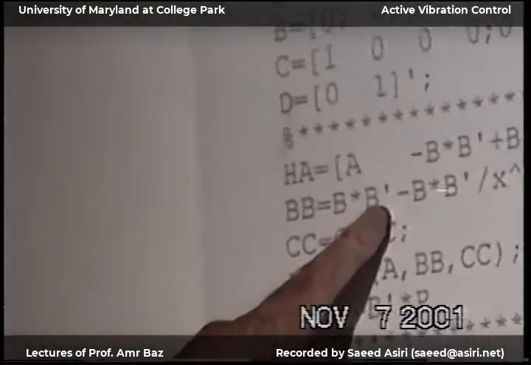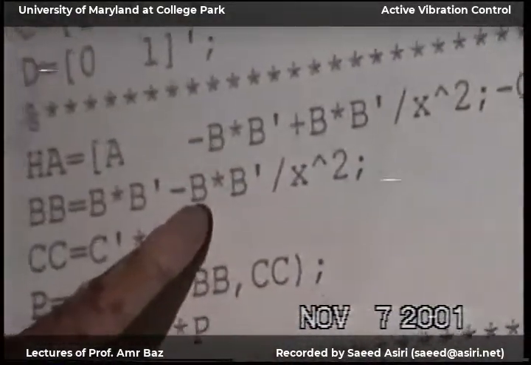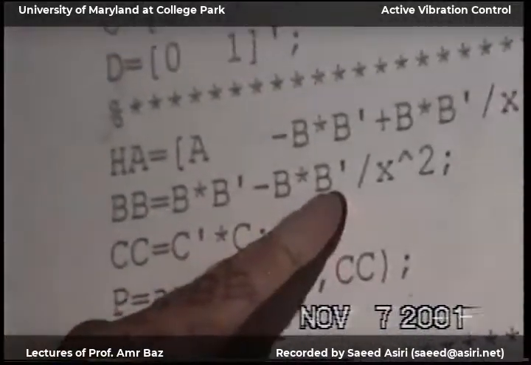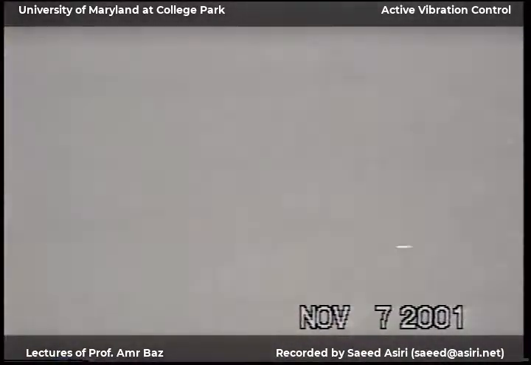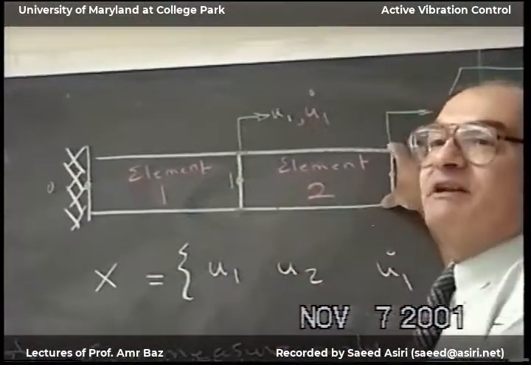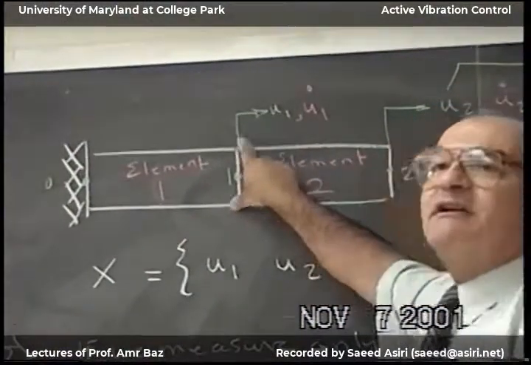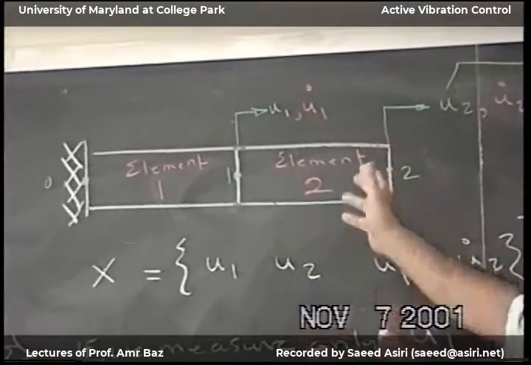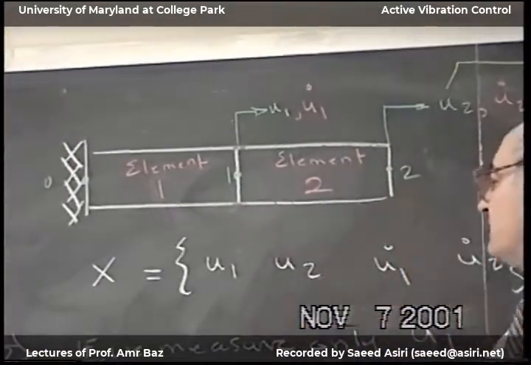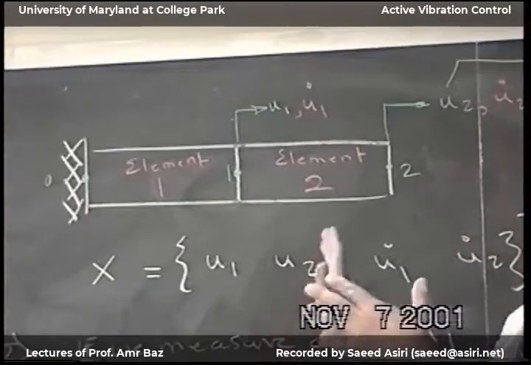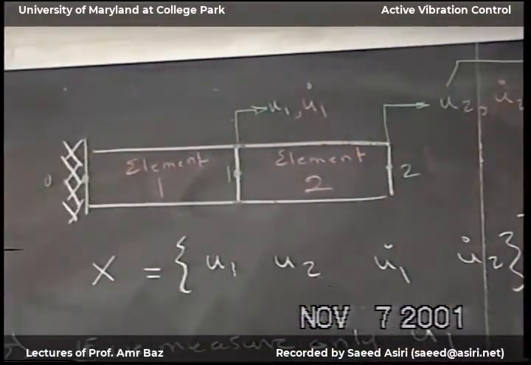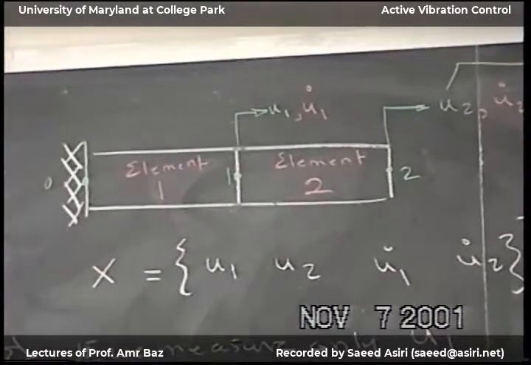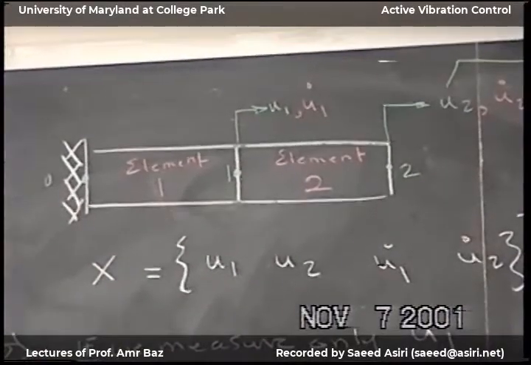So B, B transpose, and then this is F and F transpose. So I have the controller here, and I have the disturbance here. You can try also other places. For example, I can have the controller here, and I can have the disturbance here. Depending on your system, if you want to measure the tip displacement, then this would be 0, 1, and so on. But this will illustrate what we have in mind. Anyway, I just took the B and the F to be the same.